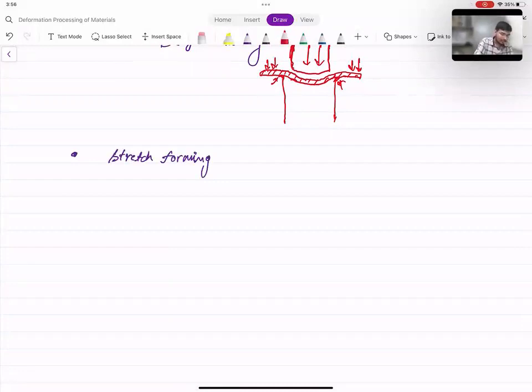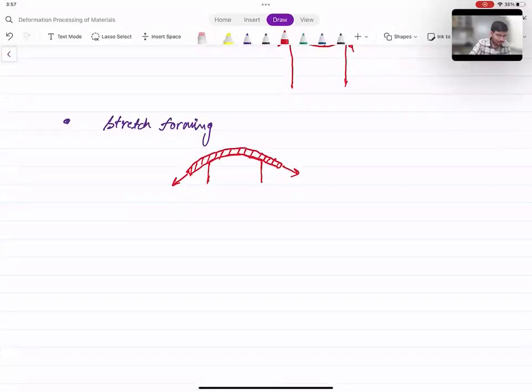In this process, there is some periphery or punch or component like this onto which the workpiece is stretched using tensile forces, so that it can take the shape of this and finally get wrapped onto the contour of the die.